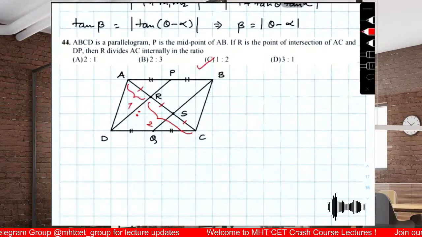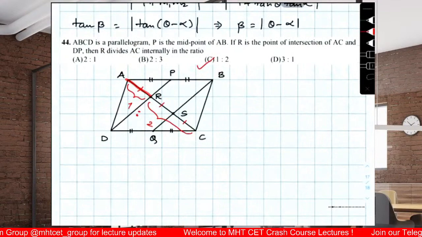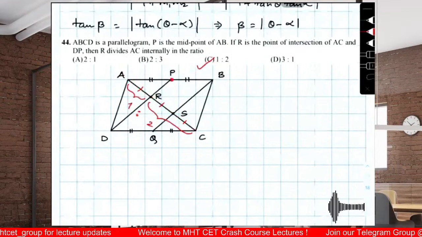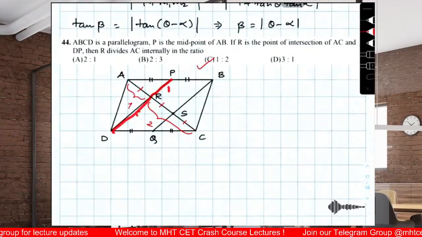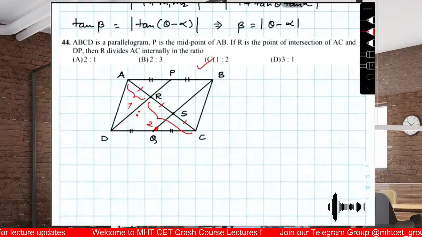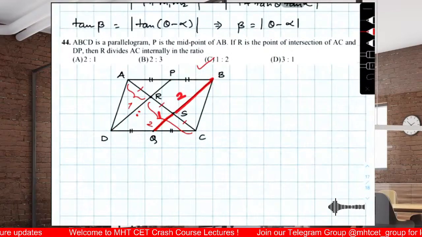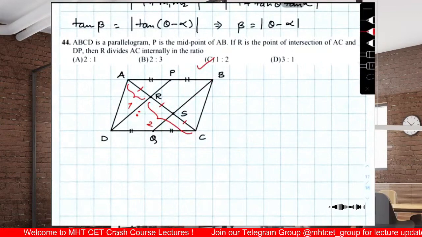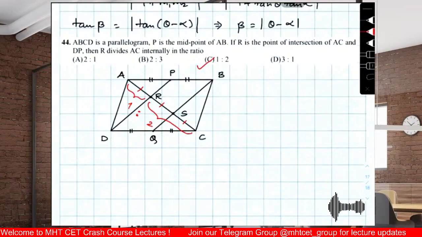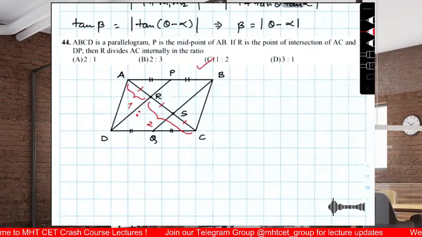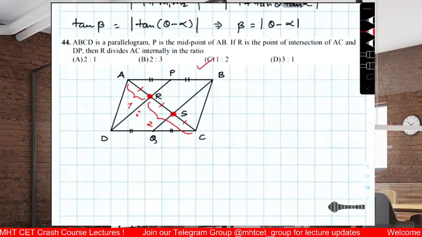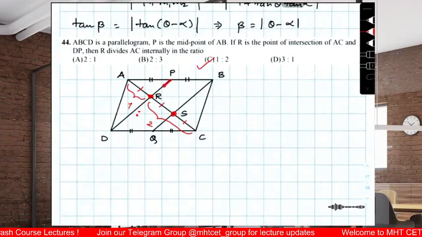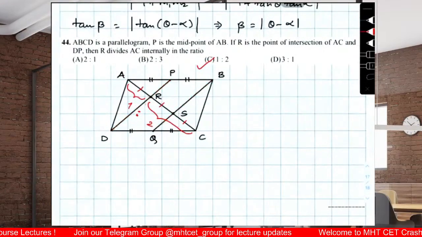ये याद रखो, ये सब जो है ना रेशो, ये AR is to RC is 1:2 और ये PR upon RD is also 1:2. ये याद रखो. This QS upon SB is also 1:2. ये है क्वेश्चन टेक्स्ट बुक में. I don't remember the exercise, but I think miscellaneous में. ये सब जो रेशो है ना, मतलब ये पॉइंट RS will trisect AC and R and S will also trisect DP and DQ.